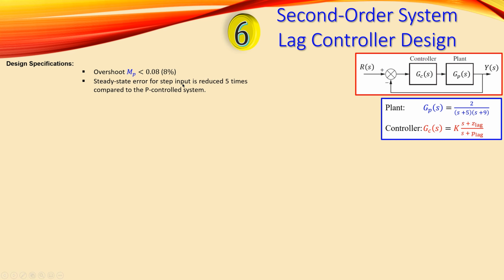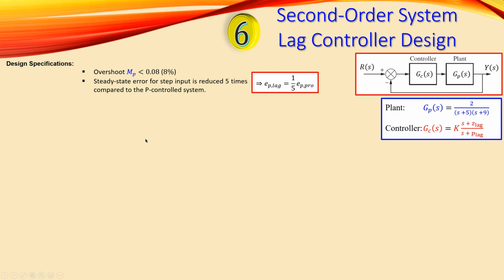If I rewrite it in a more mathematical form, the position error of the lag control system must be 1/5 of the position error of the proportional controlled system. So we need, of course, to first determine what the error in the proportional control system is, and that must be reduced by a factor of 5. That's the second condition.